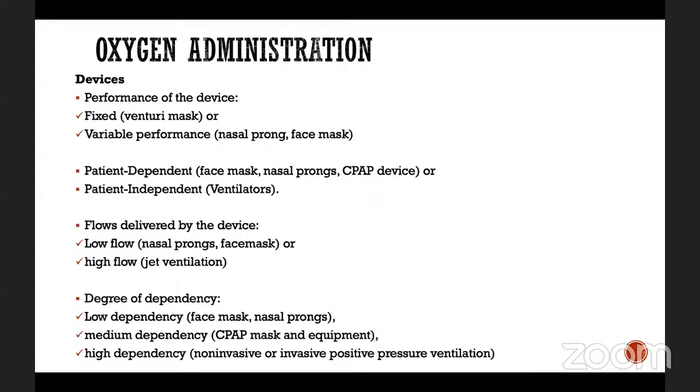We can also group them based on whether they are patient dependent or patient independent. We can also group based on the flow: is it low flow or high flow? And also based on degree of dependency: low dependency, medium dependency, and high dependency.